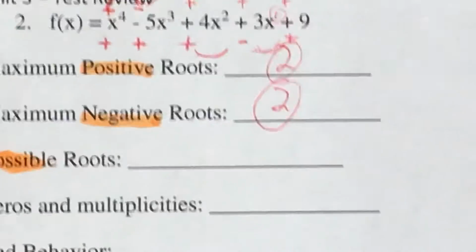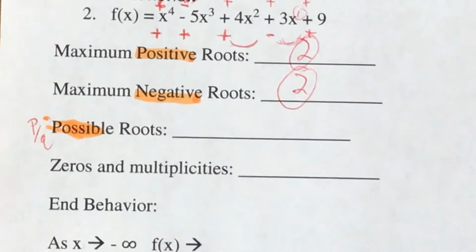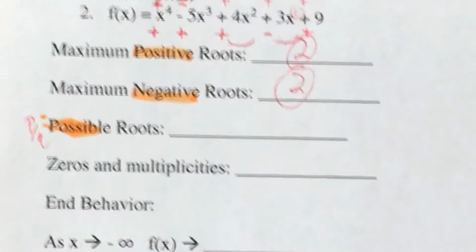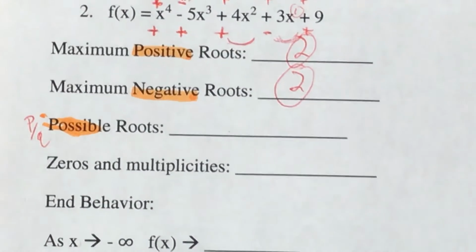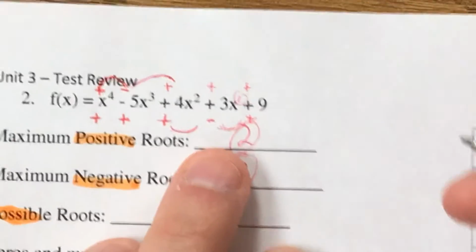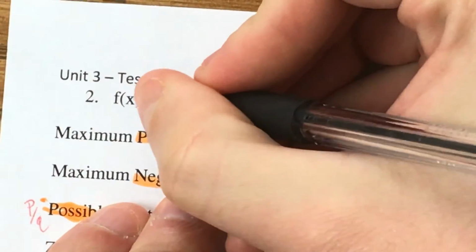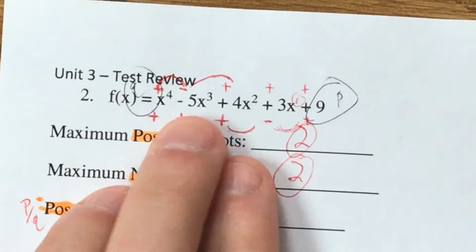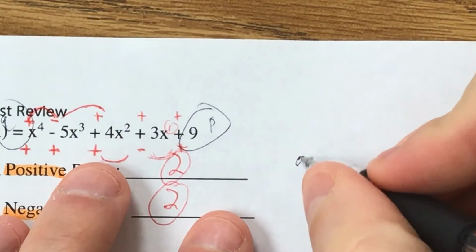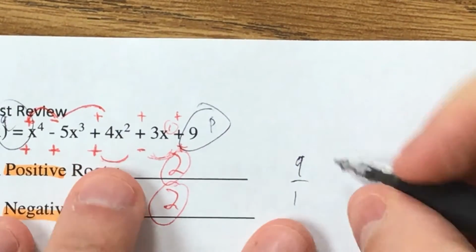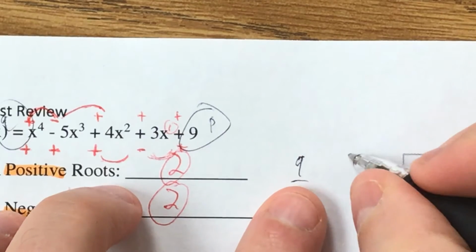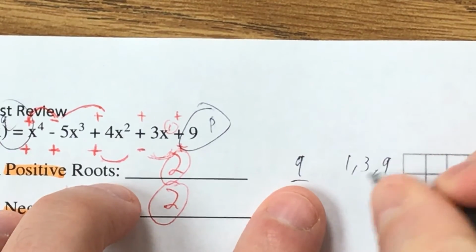That's what it's saying. For the possible roots, once again, that is the P over Q. In this case, P is 9, and Q, it looks like, is going to be 1 because there's no number in front. So 9 over 1. The things that go into 9 are 1, 3, and 9.